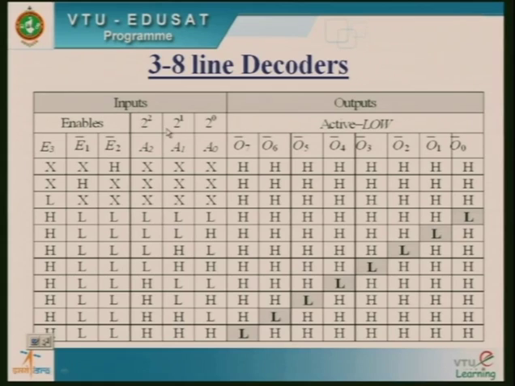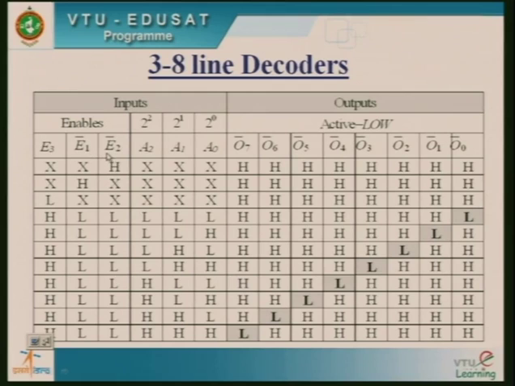So you can just see the decoder truth table. We have inputs over here, and enable pins. As I discussed, we have 3 enable pins. That chip 74138 has got 3 enable pins, need not be the same for all ICs.